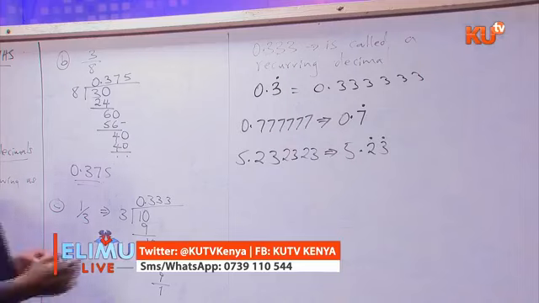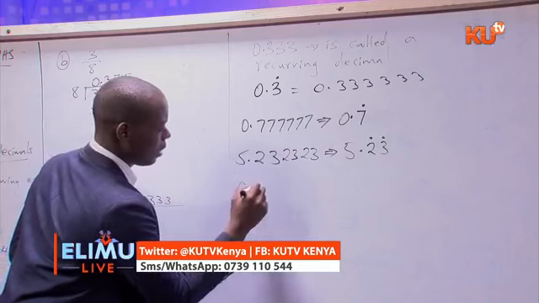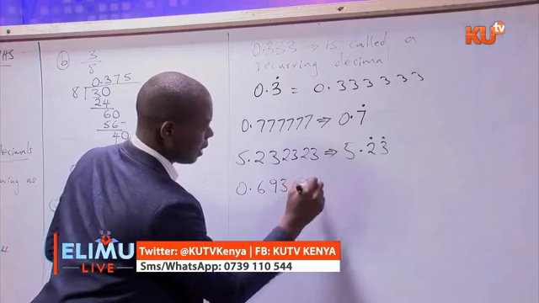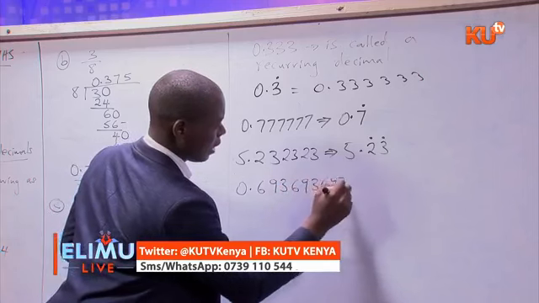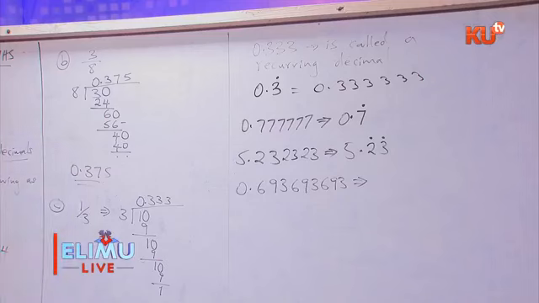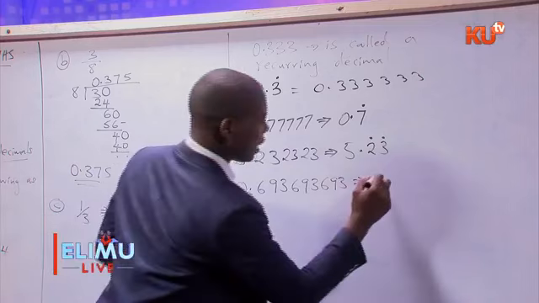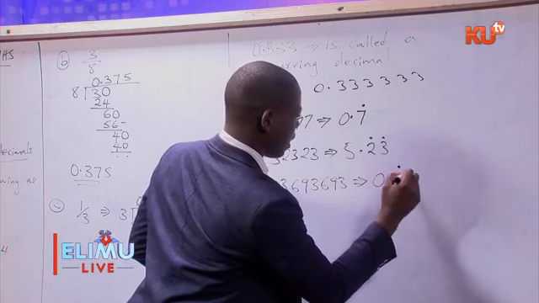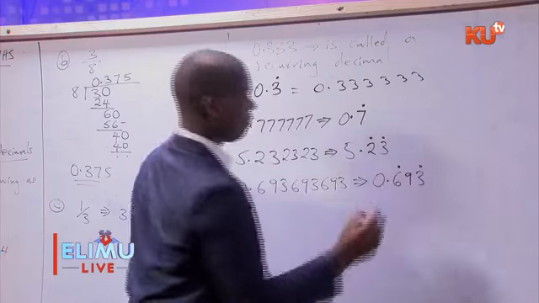What about if we have this case? 0.693693693. How do you write this? When 3 digits are recurring, then what we write is we put a dot on top of the first digit and the last digit.